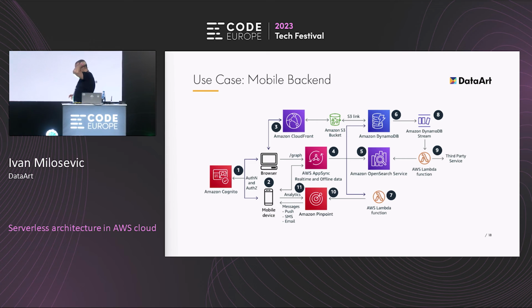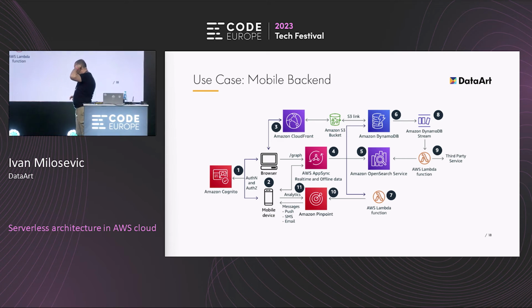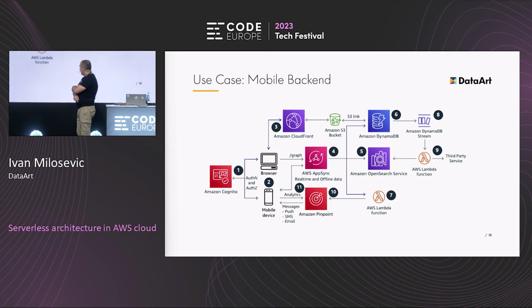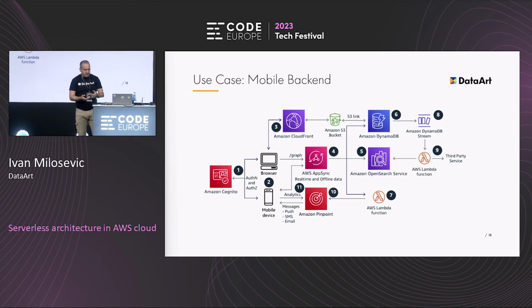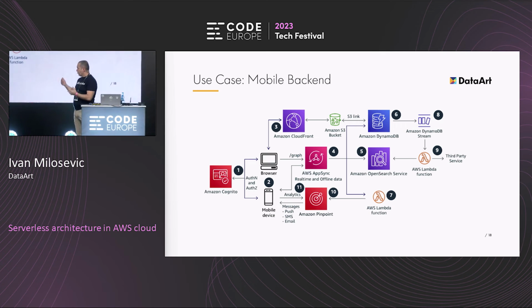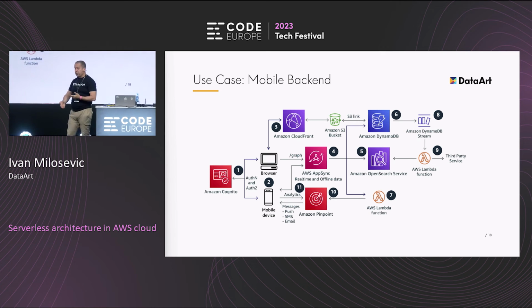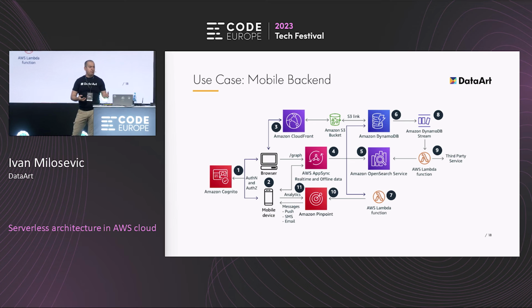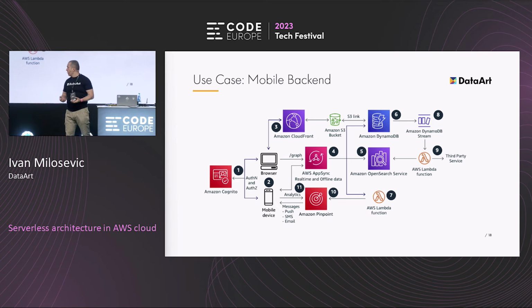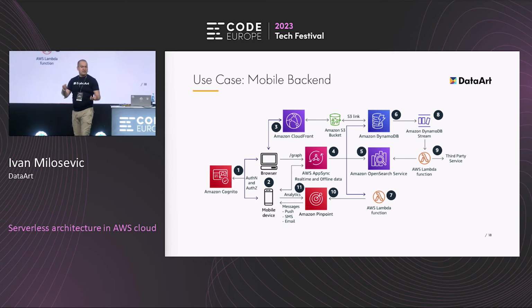So back to Amazon Pinpoint, what it does, it is essentially a communication mechanism that, from one side, enables using different types of communication channels. So it can be SMS, email, push notification.